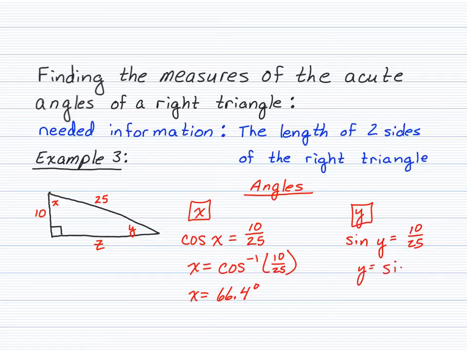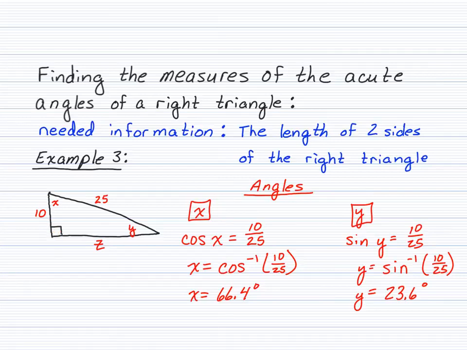So y is equal to the sine inverse of 10 over 25, which is 23.6 degrees. Now, these two angles right here should add up to 90 degrees because that 90 degrees added to this 90 degrees would give us 180 degrees.